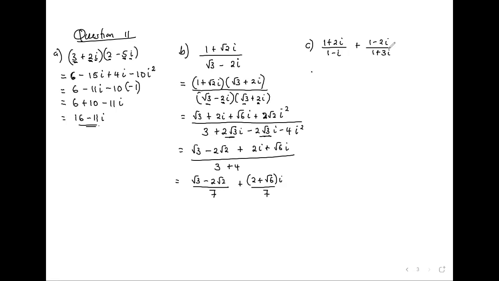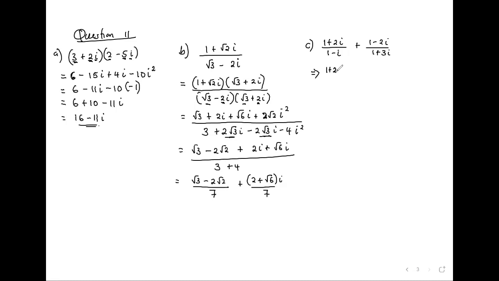Okay, so if you want, you conjugate separately and then put them together, or you get the common denominator and get the numerator, then you conjugate. So let's conjugate separately.